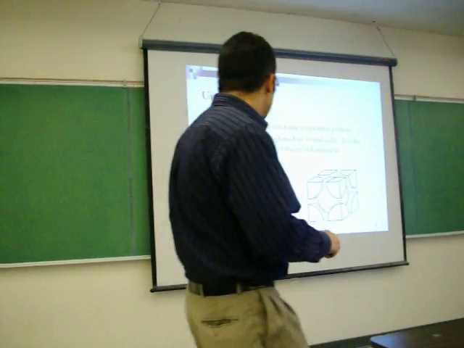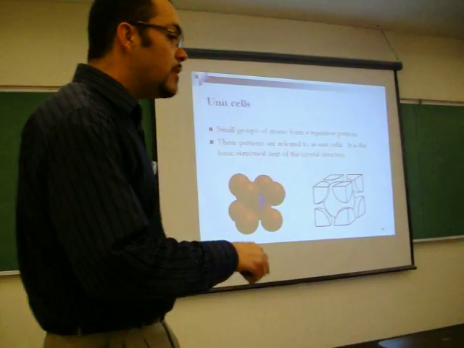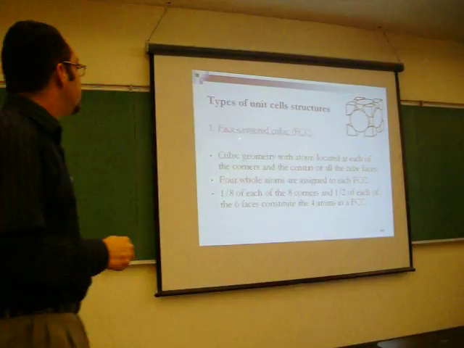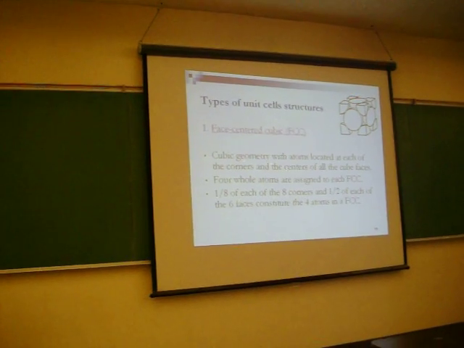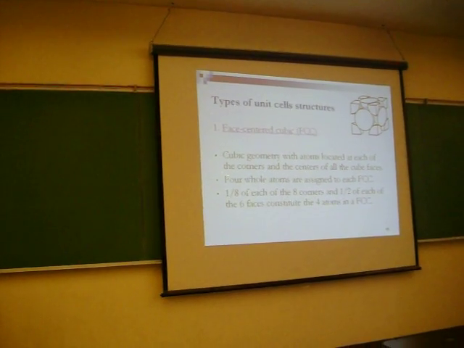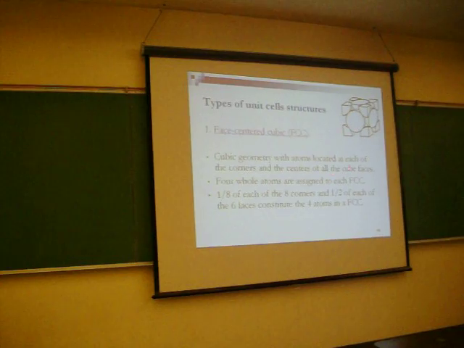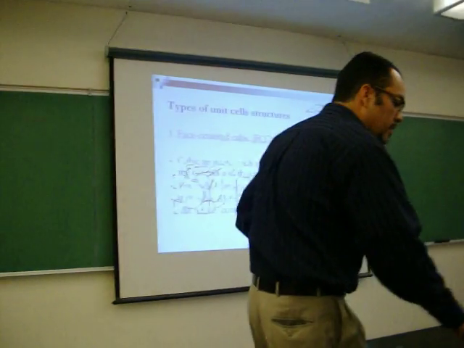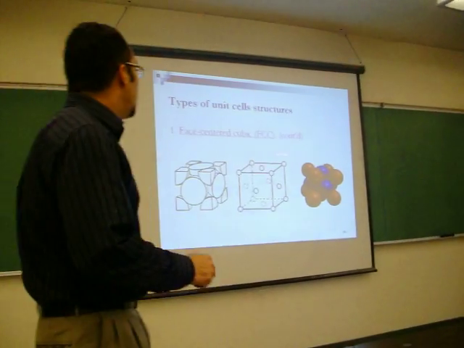This is one type, and this is another type. We have face-centered cubic, where you have the atoms located at each of the corners and the center of all of the cube faces. This is the only thing that I want you to remember about that.